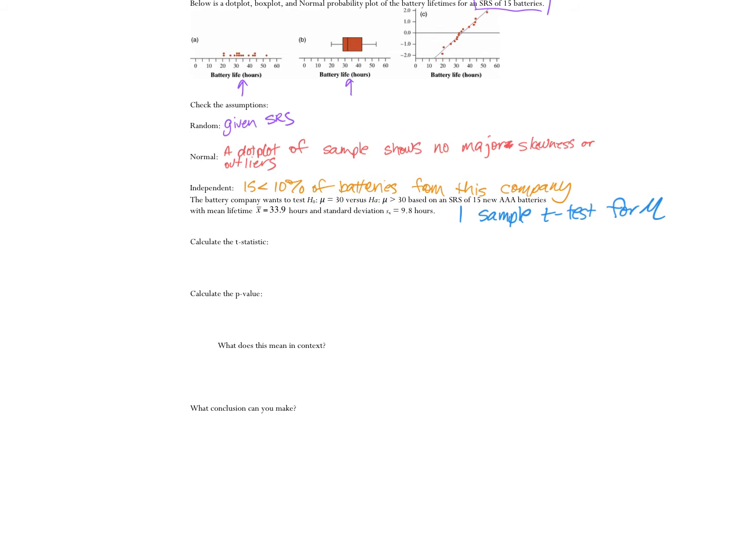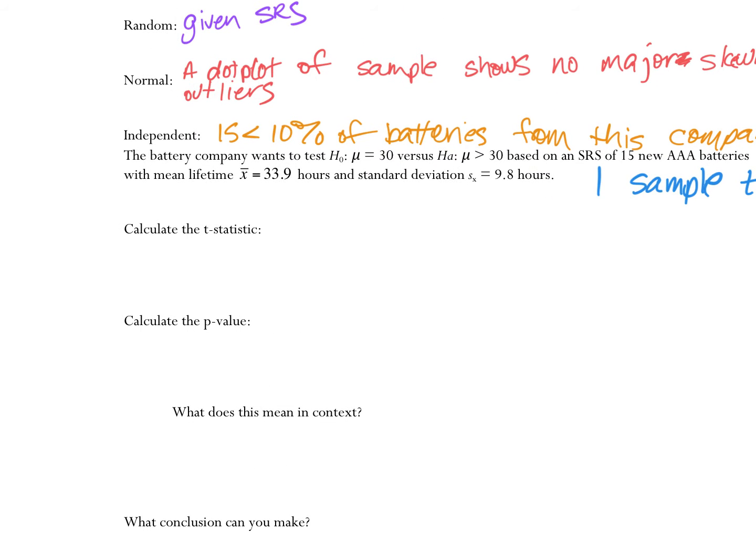So, test statistic, if we look on our formula sheet, the test statistic is supposed to be our parameter. That's a lie. That's 100% wrong. It is statistic minus parameter over standard error. What is our statistic in this case?